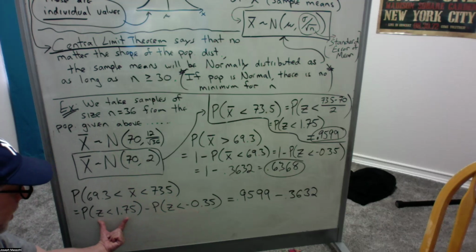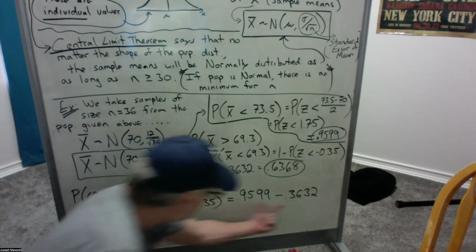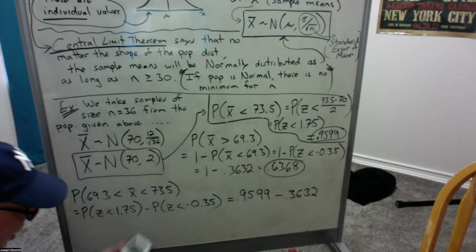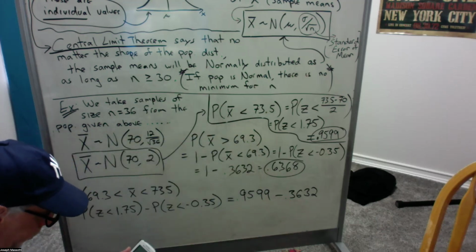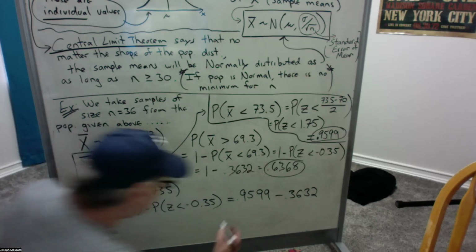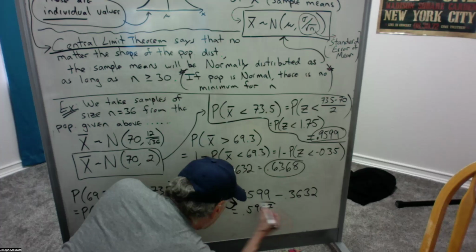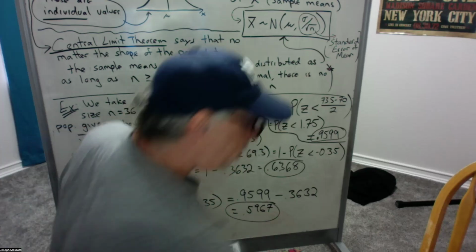We look this number up in the table, we get this. We look this number up in the table, we get this. We do the subtraction, and we end up with 0.9599 minus 0.3632. So we end up with 0.5967 as our answer. All right, so good times.